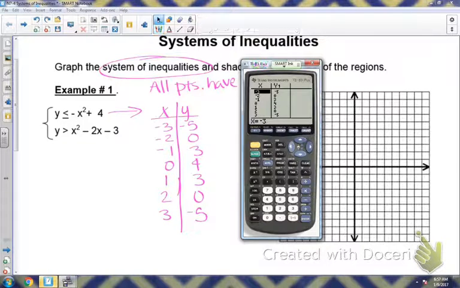Now I'm going to go back to y equals, and I'm going to type in the second one, x squared minus 2x minus 3. And if you wanted, you could type both of them in y1, y2, and look at the table at the same time.